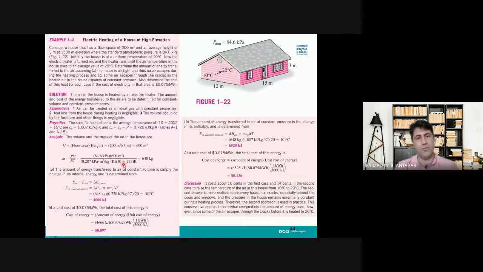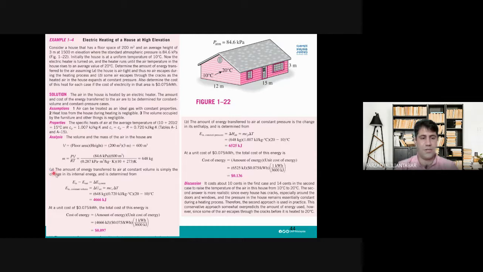We need to convert it to Kelvin. 10 plus 273 will be Kelvin, the initial temperature of the air. By this calculation, m will be equal to 648 kilograms. So now we have mass as well. Then we can put in this equation and calculate the heat loss.